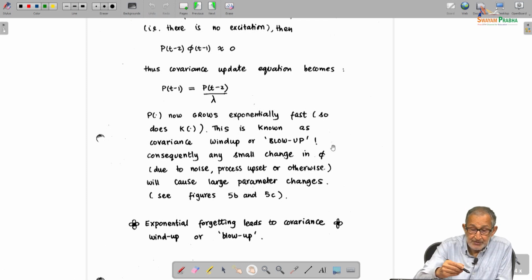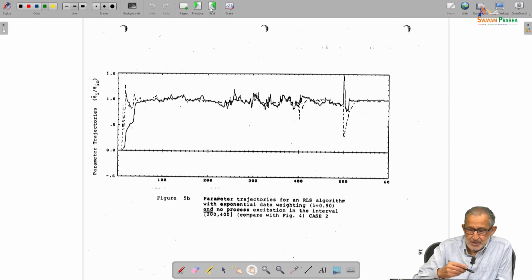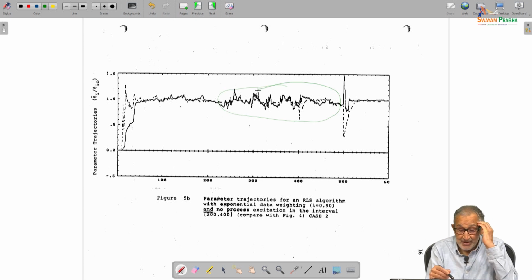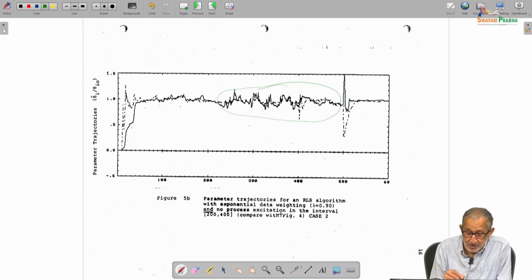So let's see figure 5 here. Here we converge, and suddenly the variability in the parameters becomes very large. So these are parameter trajectories for an RLS algorithm with lambda equal to 0.9 with no process excitation in this interval.